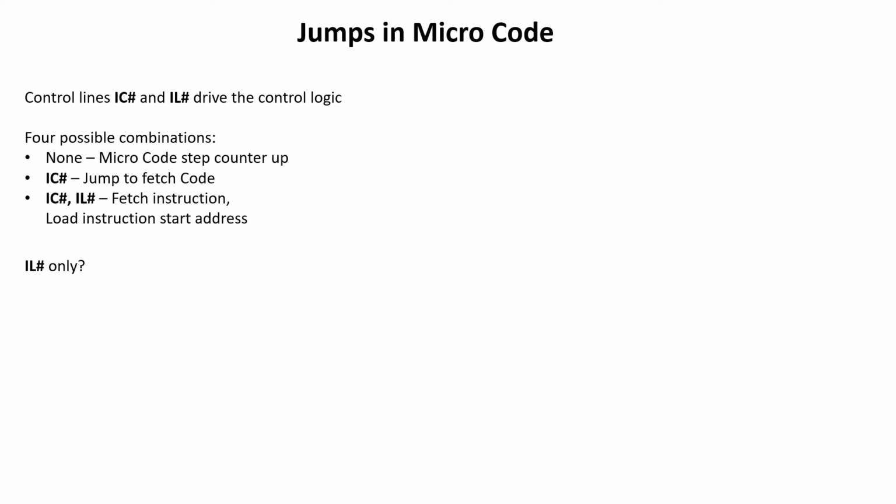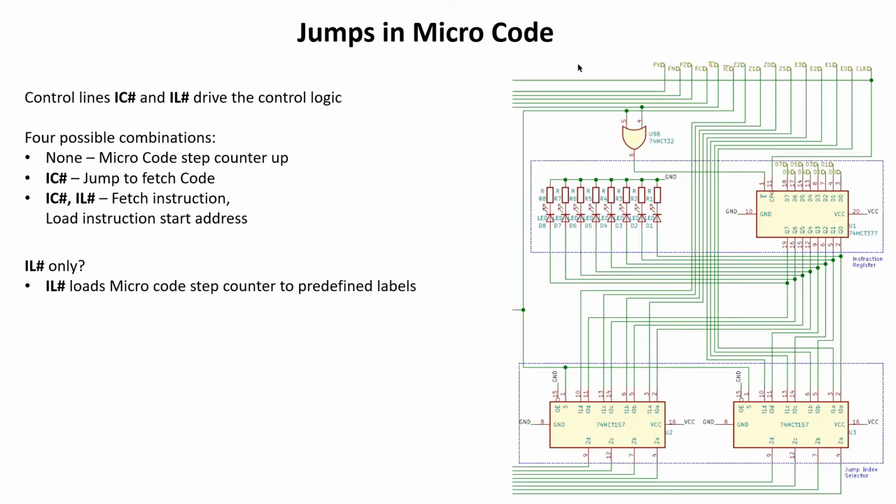But what will happen if IL alone is active? That means load the microcode step counter to a predefined label. These labels are set in the microcode and allow jumps in the microcode.